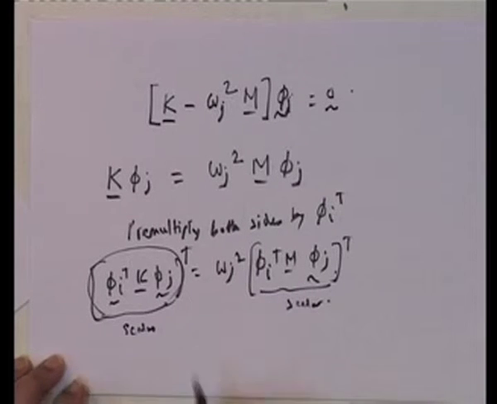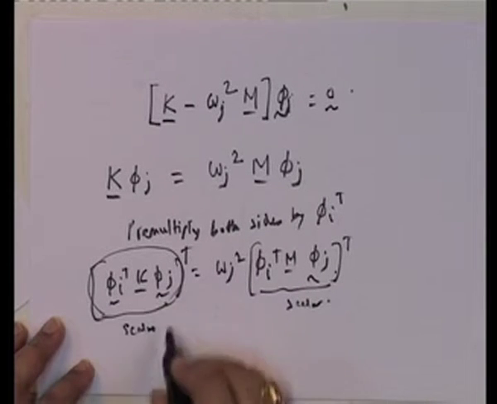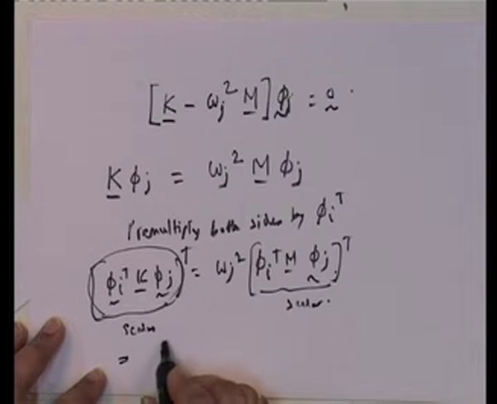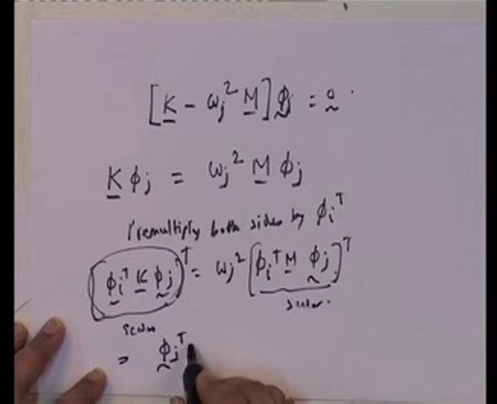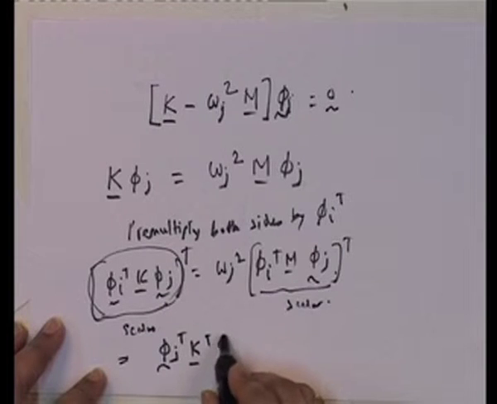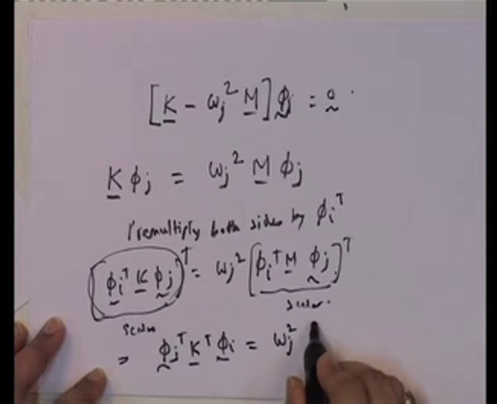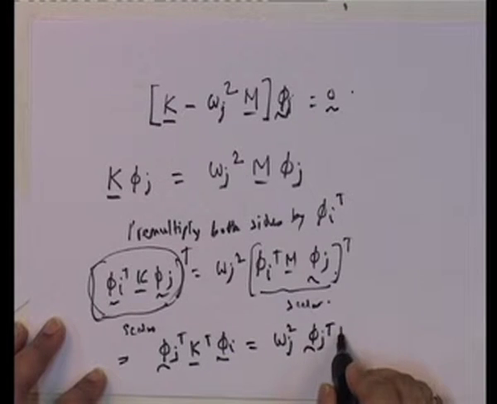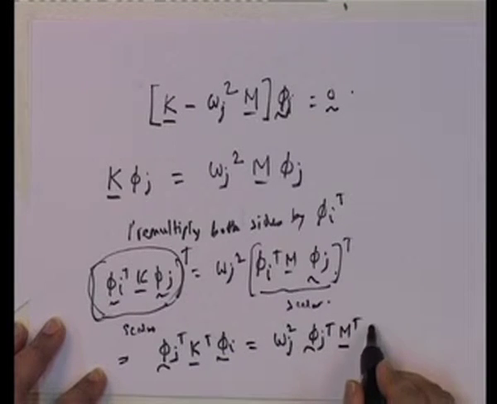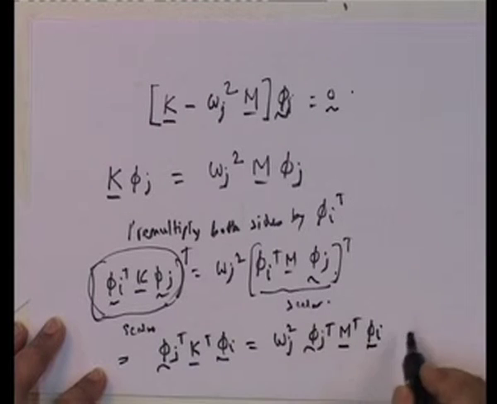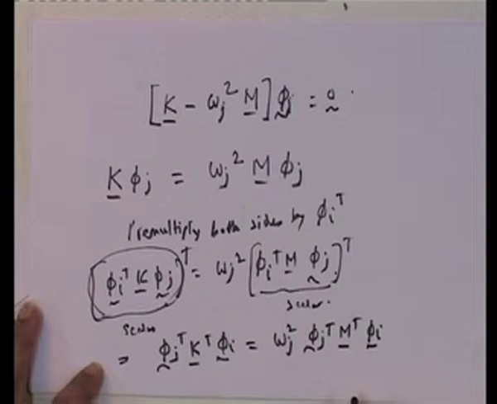It is a scalar. So if I take the transpose of this, it becomes phi j transpose K transpose phi I is equal to omega j squared phi j transpose m transpose phi I, because a scalar transposes to itself. So that is what I get.